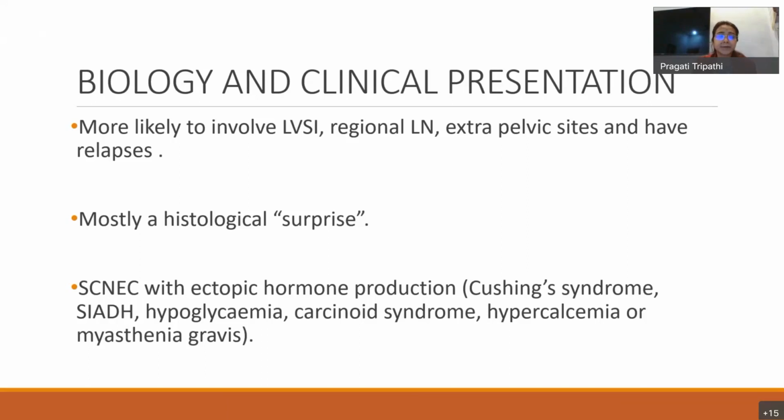It was because of paraneoplastic SIADH syndrome. Another case report was on a patient with postmenopausal bleeding with hypertension, diabetes mellitus, and persistent hypokalemia. After evaluation, it was found to be because of ectopic ACTH production and Cushing syndrome. So rarely these can present with these paraneoplastic syndromes.